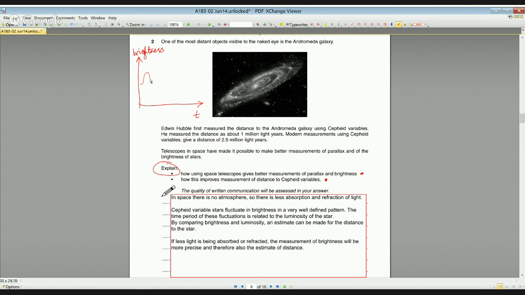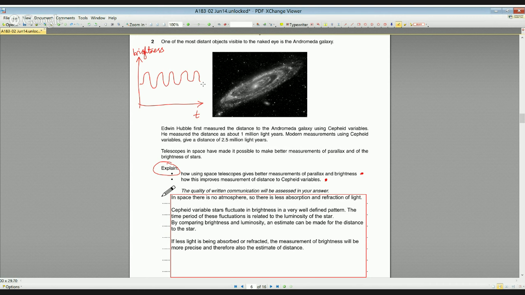Its brightness will go up and down over time. The important thing is when we're looking at stars, we can see the brightness of a star. The brightness is how much light is reaching us here on Earth, how bright it appears to us from where we are in the universe.